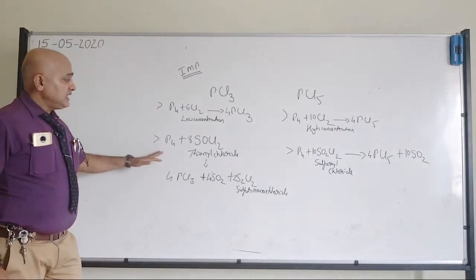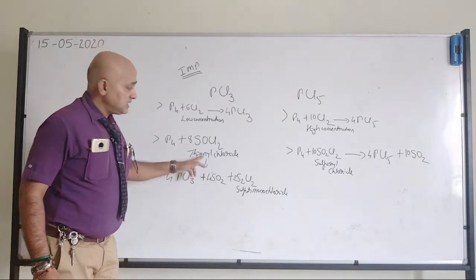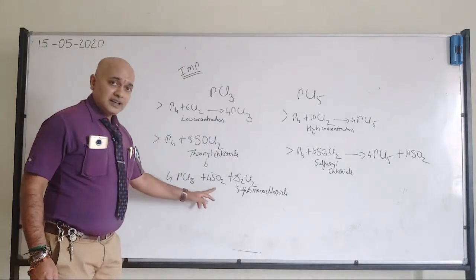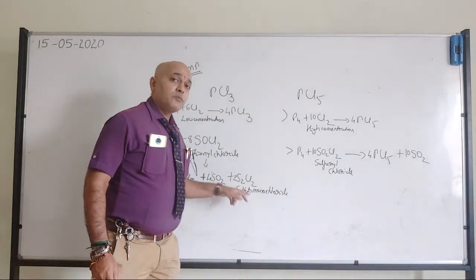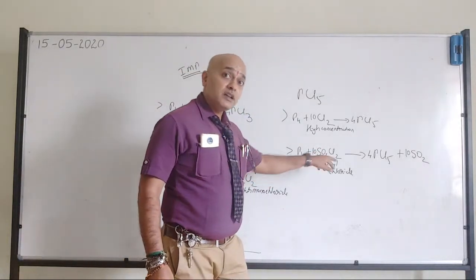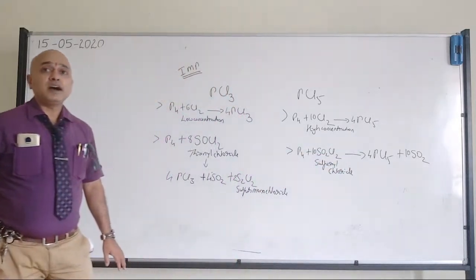Next, when white phosphorus is treated with thionyl chloride, that is SOCl2, it's going to form PCl3, sulfur dioxide and sulfur monochloride. But the same white phosphorus, if it is treated with sulfuryl chloride, we are going to get PCl5.